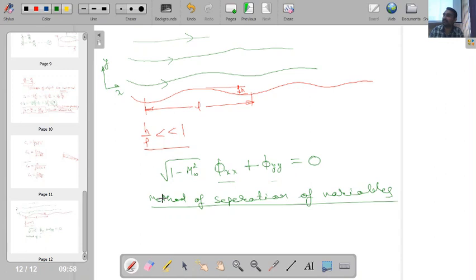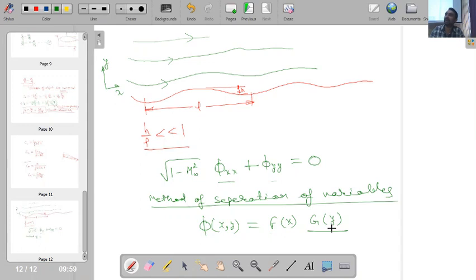Have you studied the conduction and radiation course? In that course, the method of separation of variables might have been used a lot. Maybe in your course on convective heat transfer also, for some problems, it might have been used. Okay. So in this method, if my phi is a function of x comma y, I will assume it equal to f of x, a sole function of x, times g of y.